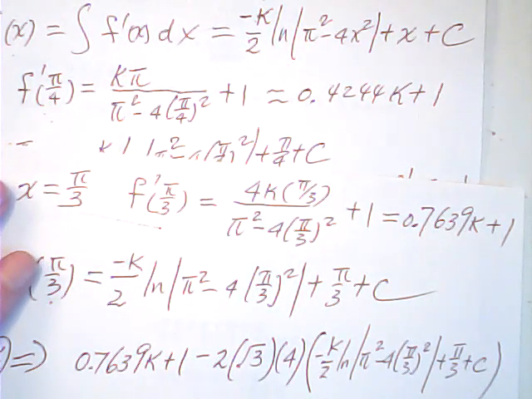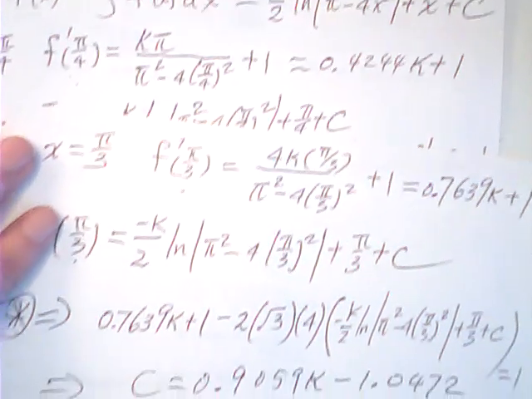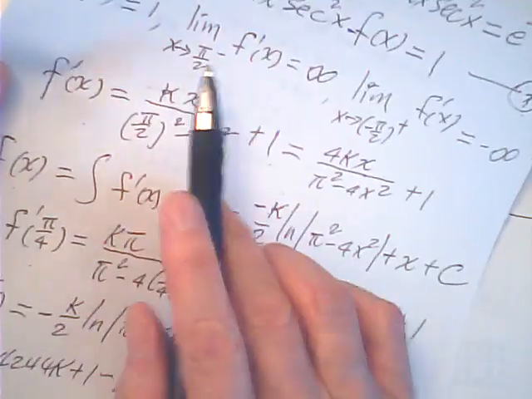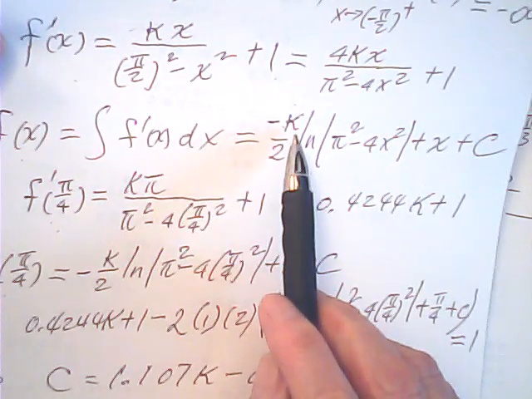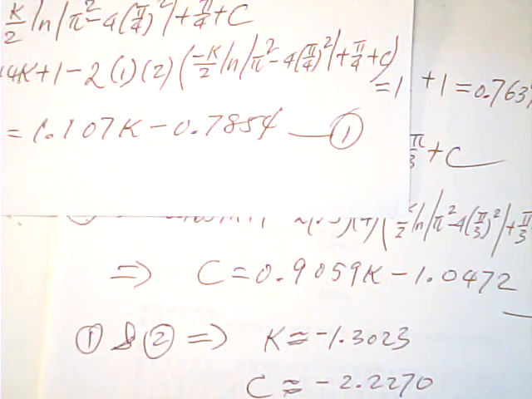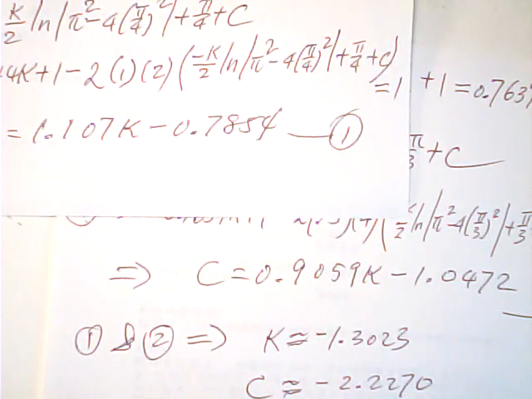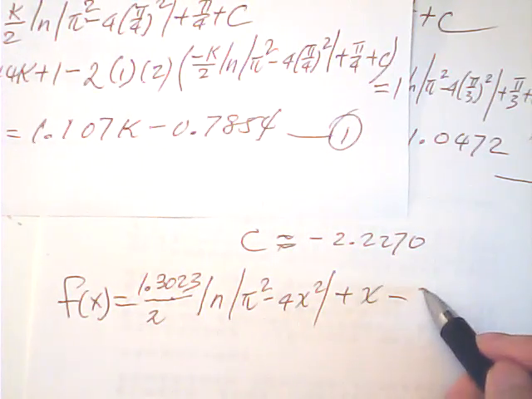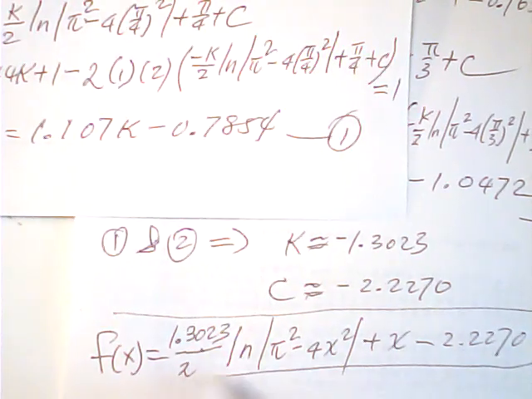K is this, negative k becomes plus 1.3023 over 2, because k is negative, times log of pi square minus 4x square, plus x plus c. C is this. So this is my f of x.